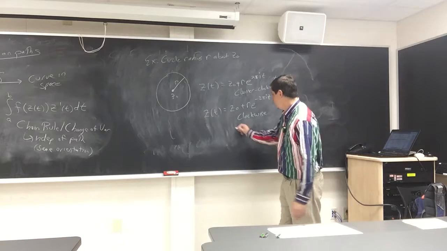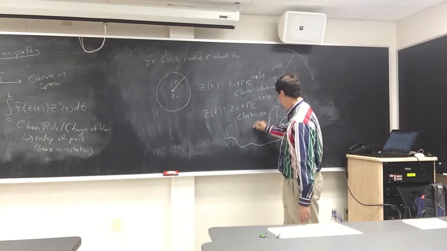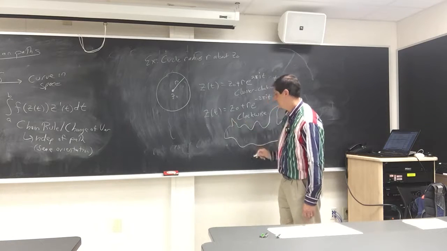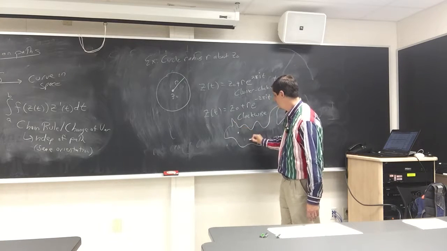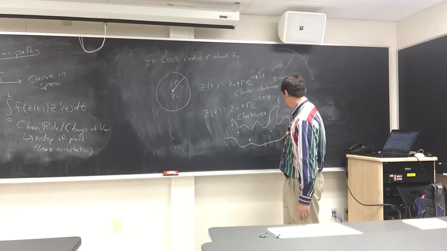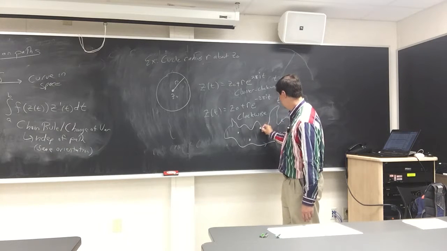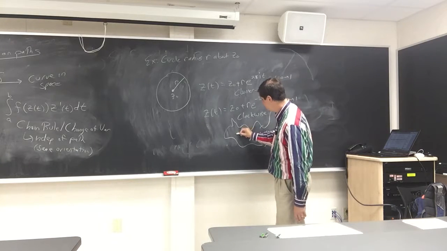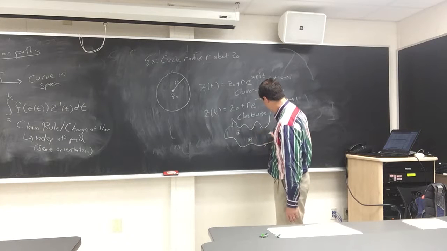So the idea is you have some kind of curve like this, and you have a couple of points where it blows up, and it's fine everywhere else. And you want to integrate along this curve. What you do is you draw very small circles about each of these.